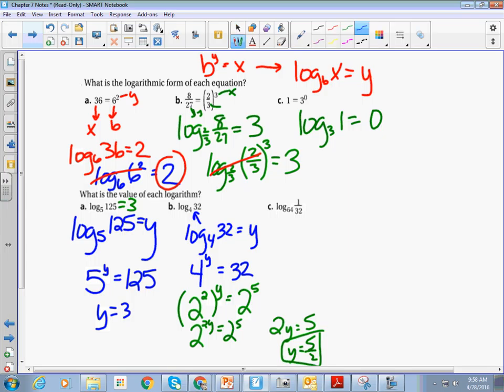Log base 64. So I'm going to rewrite this as base 64 to what power equals 1 over 32? That sounds crazy. I give up. Just kidding. There is no give up.